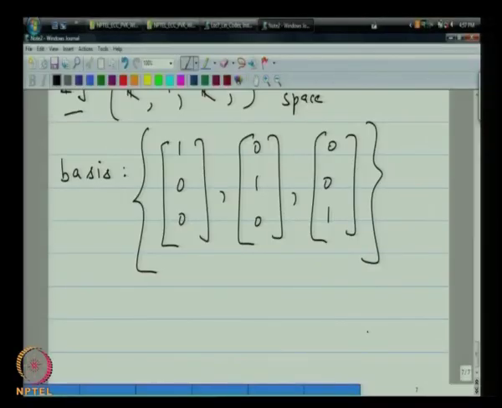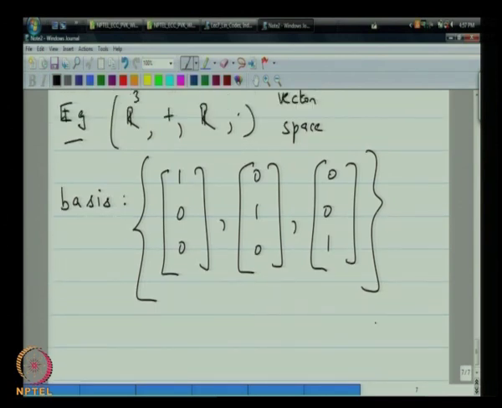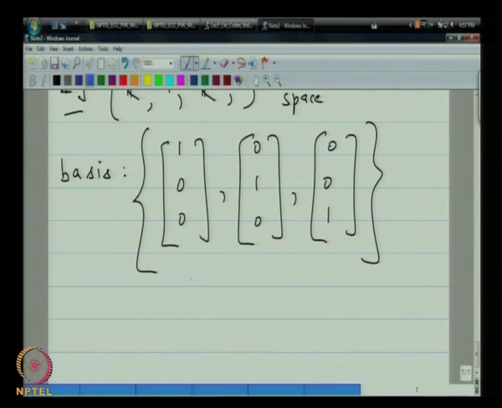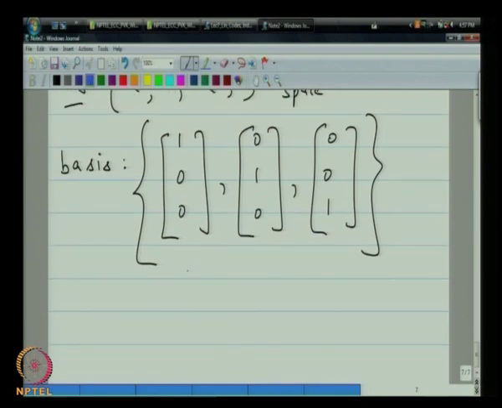Just one remark: whenever you have, in the spaces Rn, vectors like these, a basis of this type is called a standard basis. We will just make a quick remark here. This is called the standard basis for R3.